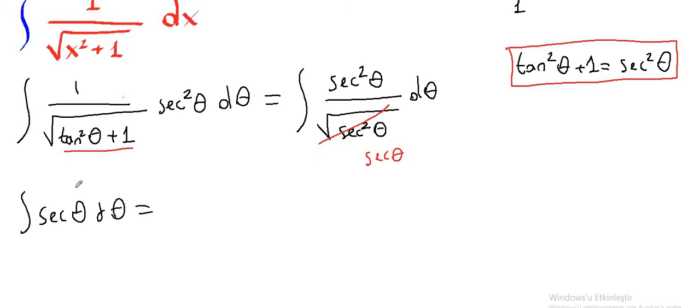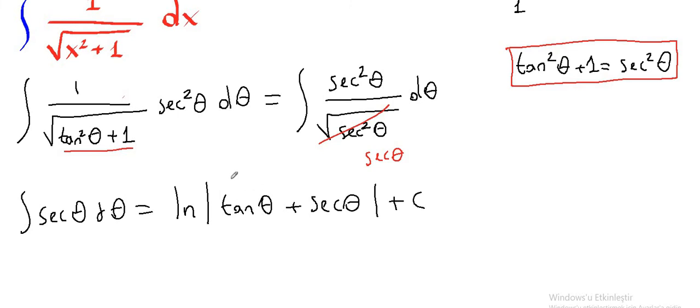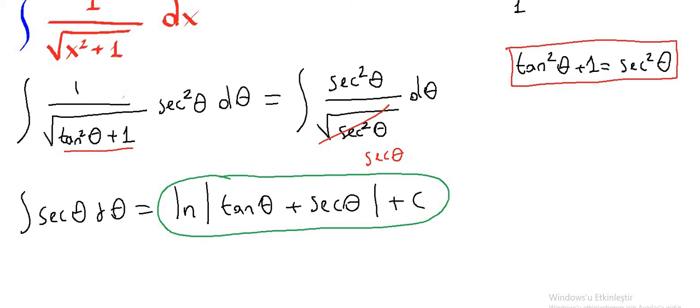Now we know the antiderivative of this, which is ln of tangent theta plus secant theta plus c. If you would like to know how we derive this, please revisit number 1 in this video series.